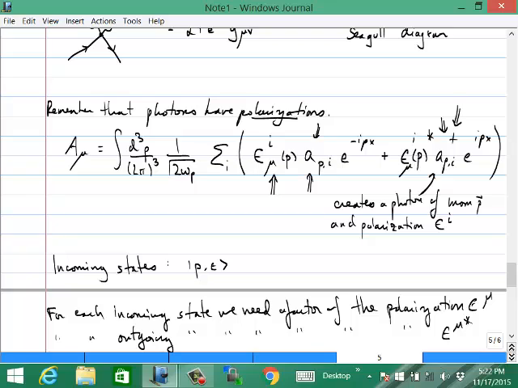If it weren't a real field, then those operators would not be Hermitian conjugates, and there would really be some symmetry associated with some charge rotation. But there's no symmetry associated with that. It's really just the fact that making polarization vectors complex is a more convenient way of packaging the polarizations of a photon.